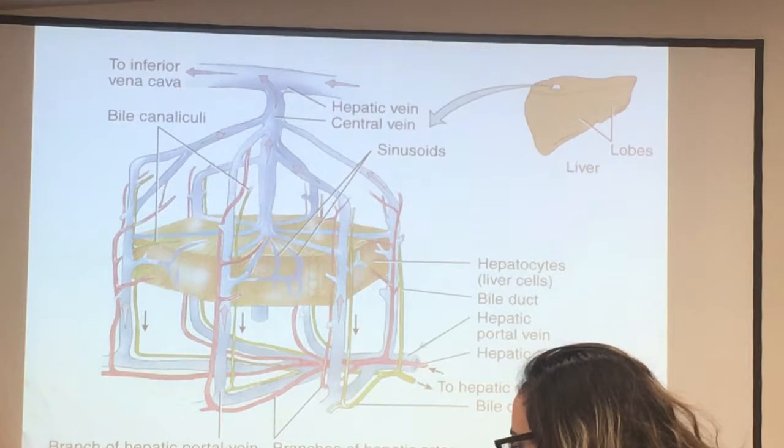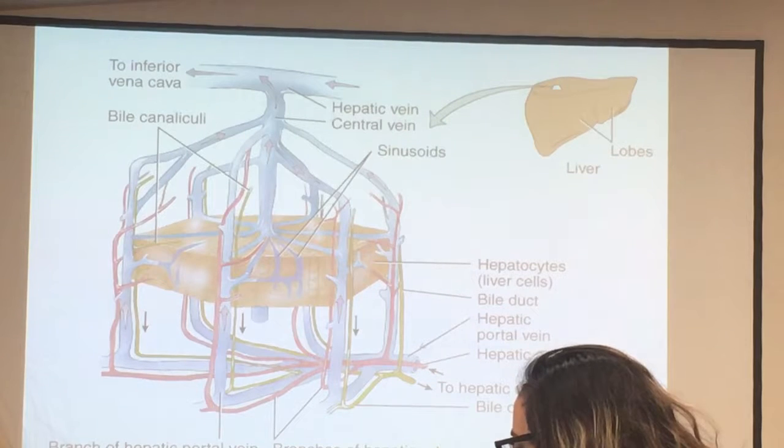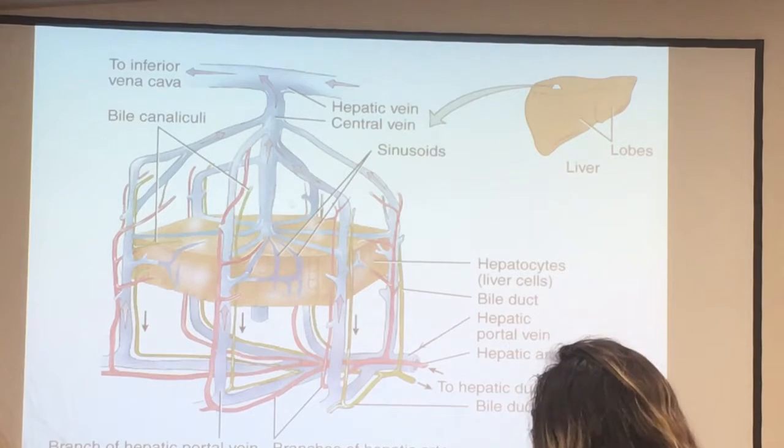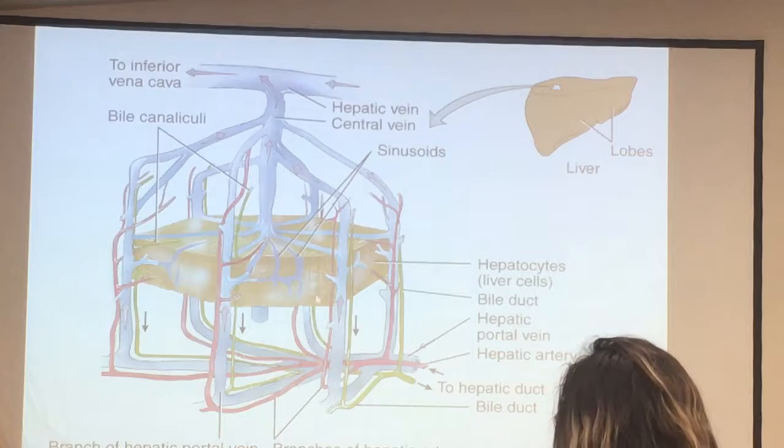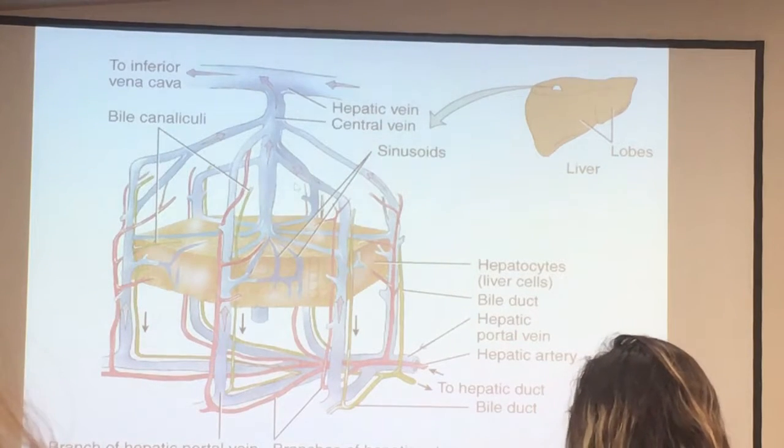That's a very interesting thing. And when they return, through what? The hepatic vein. The hepatic vein will be this one. In our lab, we have a model to show you the junction between the hepatic portal vein and hepatic vein.